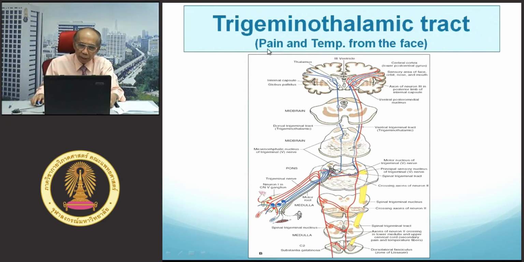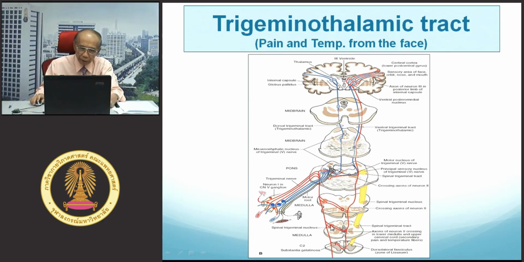The trigeminothalamic tract is concerned with pain and temperature from the face. The first order neuron is the cell in the semilunar ganglion. The second order neuron is the spinal trigeminal nucleus in the brainstem.